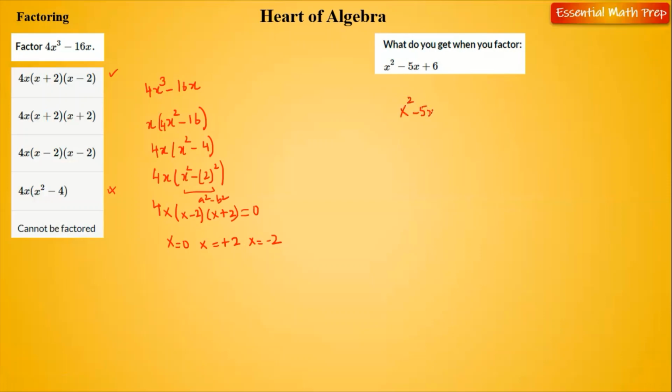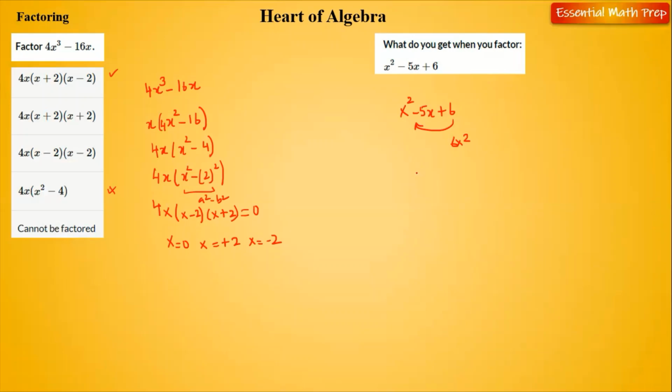x squared minus 5x plus 6. We want 6x squared, right? But we also want negative 5x. Typically, 6 and 5 are what you are trying to get in terms of multiplication, and since they differ by only one, normally it will be just 6 times 1.